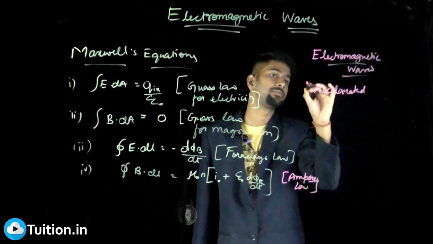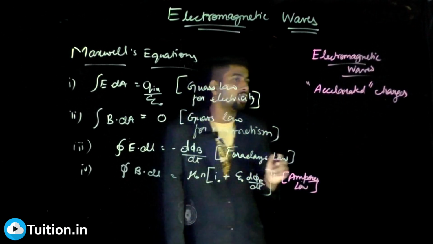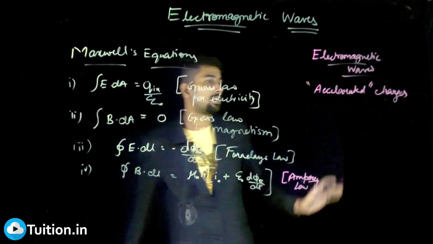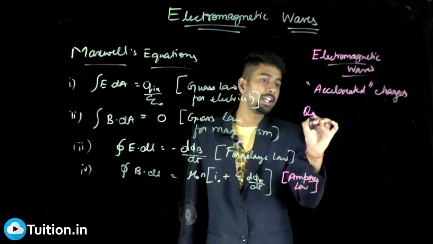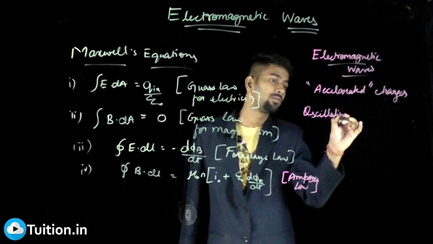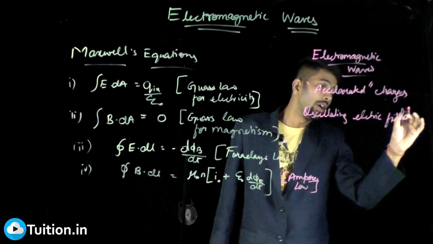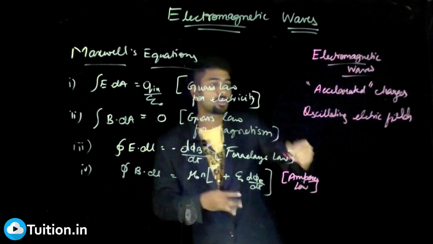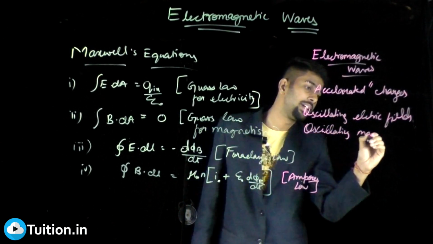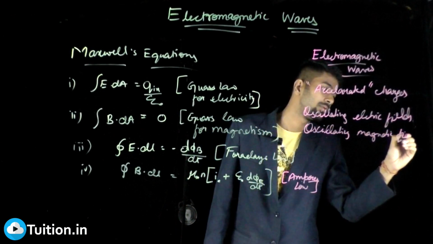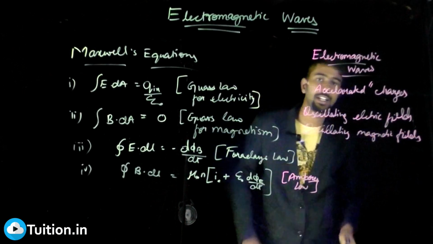So remember this. In fact, these accelerated charges produce oscillating electric fields, oscillating electric fields become a source for oscillating magnetic fields, and these oscillating magnetic fields become a source of oscillating electric fields.